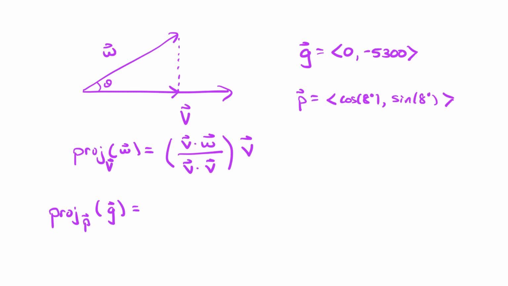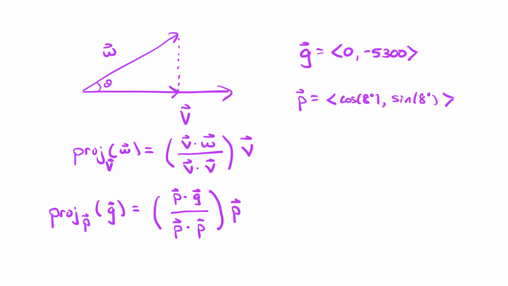And so the projection is going to be our vector P dotted with our vector G, divided by P dotted with our vector P, in the direction of P.